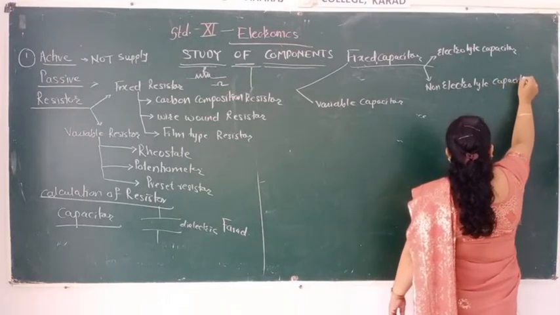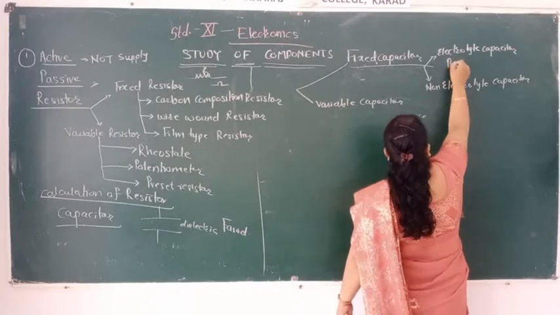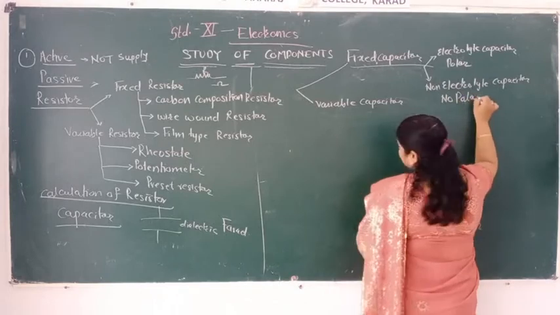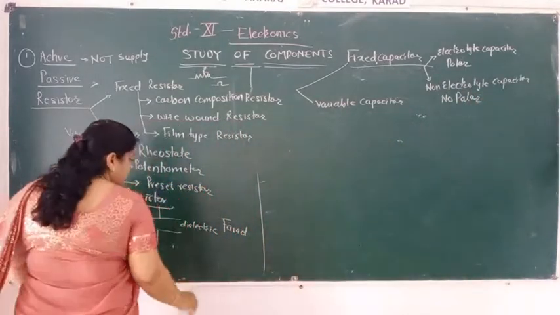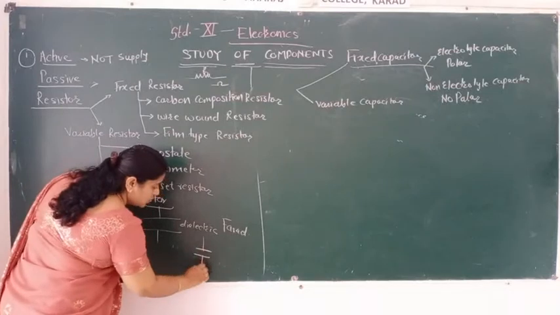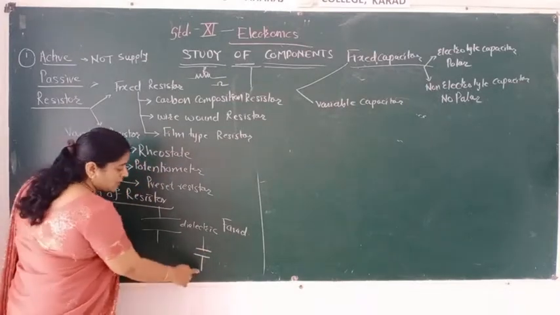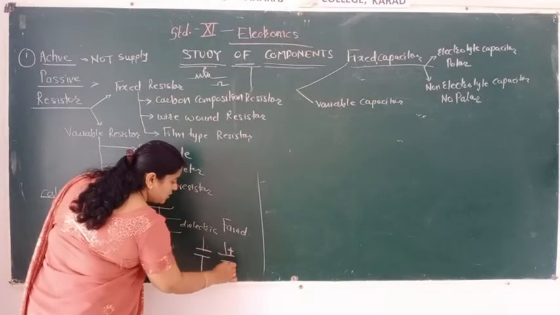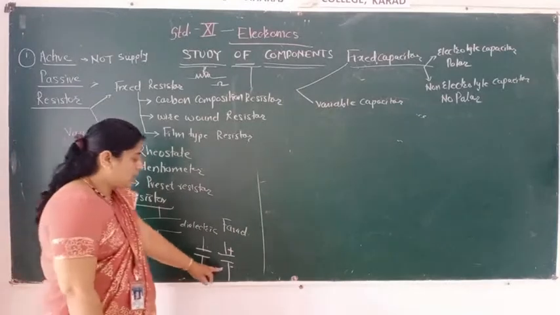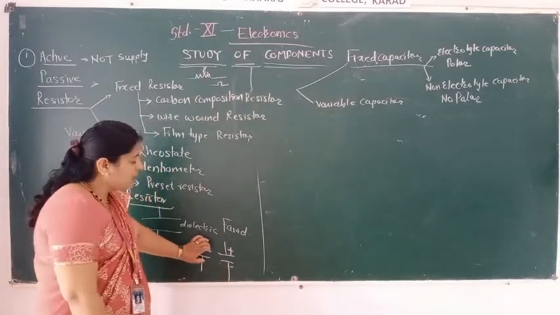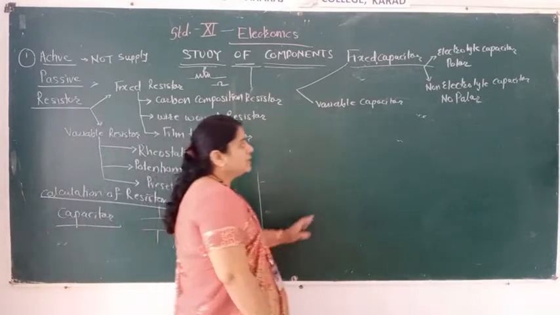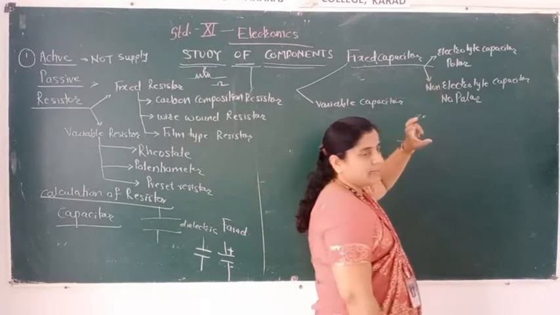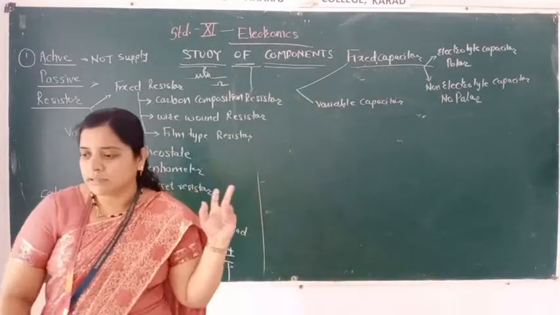Electrolyte capacitor is also called polar capacitor, and non-electrolyte is non-polar capacitor. What is polar and non-polar? If the capacitor does not have polarity, it is called non-polar capacitor. The capacitor which has positive and negative polarity is called polar capacitor. Another name of non-polar capacitor is non-electrolyte capacitor.